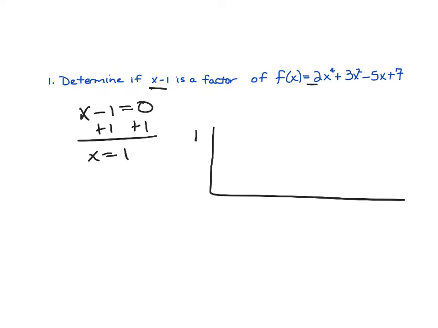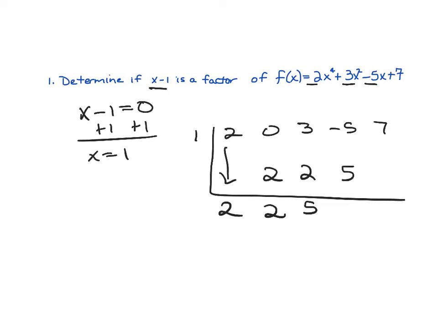I'm now going to get all of my coefficients. So I have a 2. I'm missing the x cubed, so I put a 0. I have a 3x squared. That'll go there. Then the negative 5, and then the constant. Drop down the first term. Multiply. Combine 0 and 2. Multiply 1 and 2.